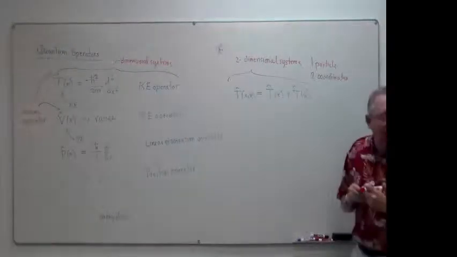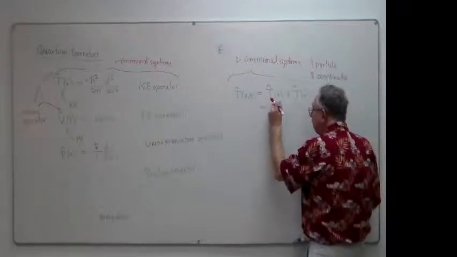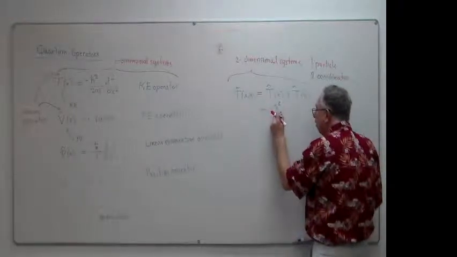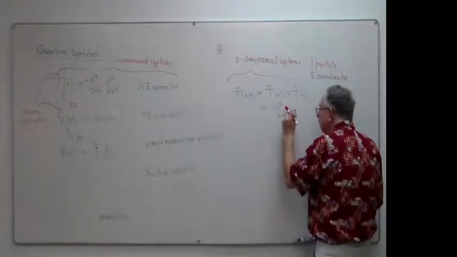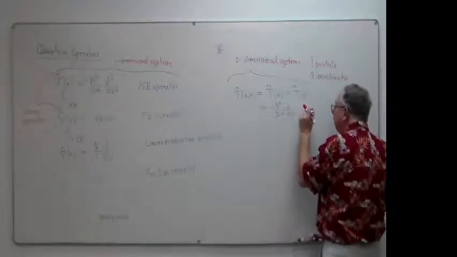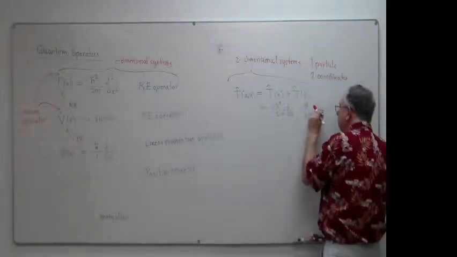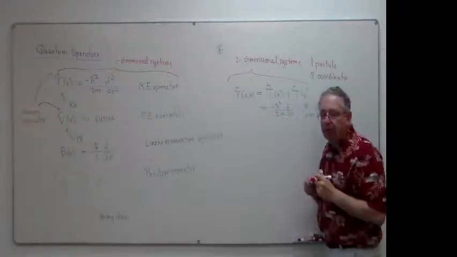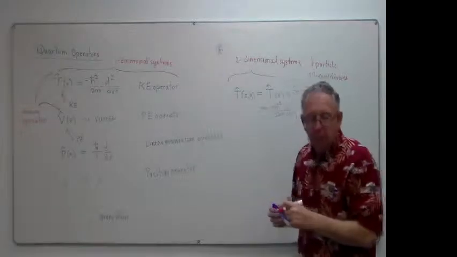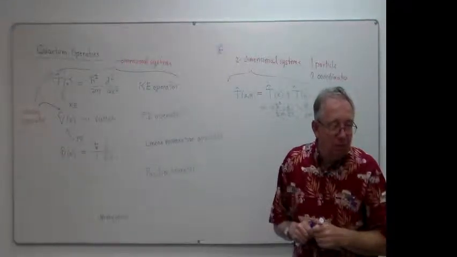Okay, that makes sense. And we could put the expression in: minus h bar squared over 2m d dx minus h bar squared over 2m d dy. What's the m? Mass. Mass of what? Particle.